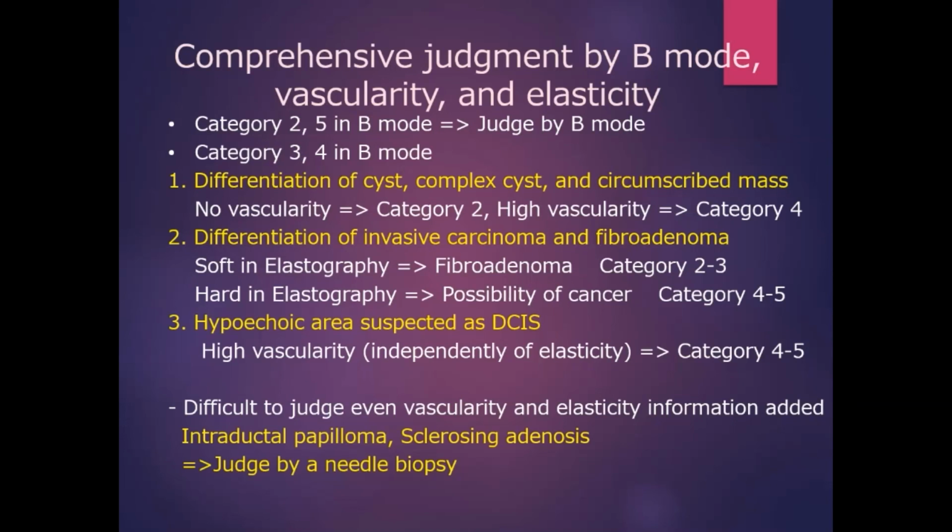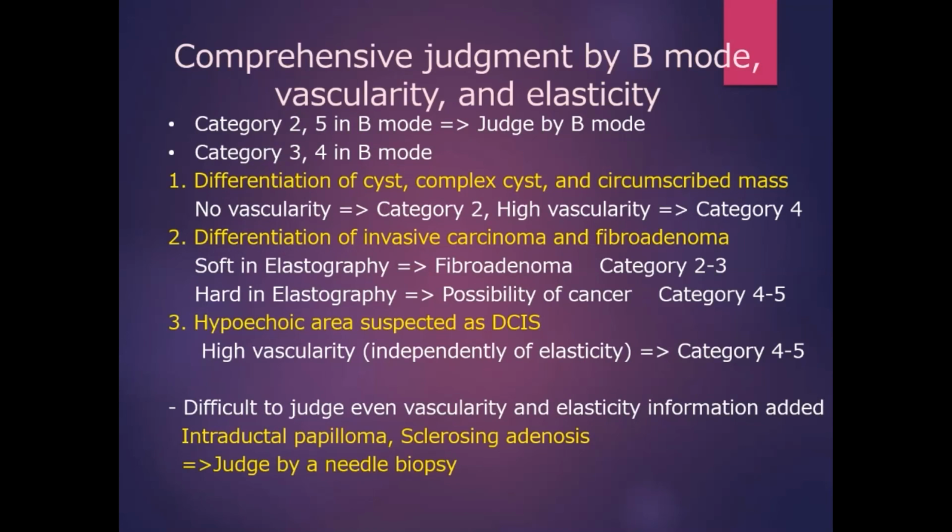As to difficult cases to judge by B-mode alone, first, flow imaging is effective for the differentiation of cyst and complex cyst in clear boundary tumor. If you find high vascularity inside, judge as category 4 and consider a biopsy.